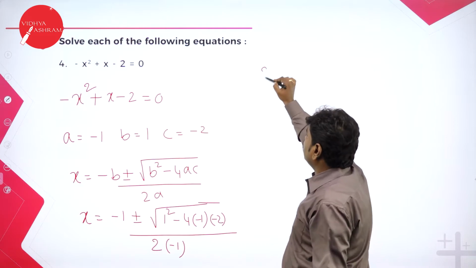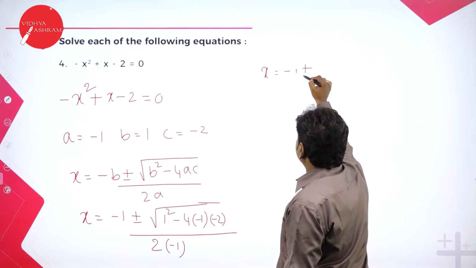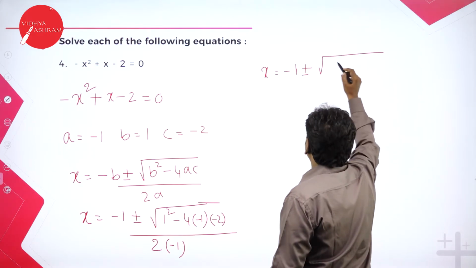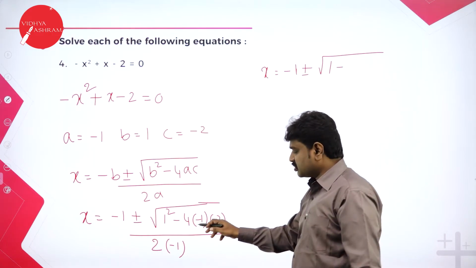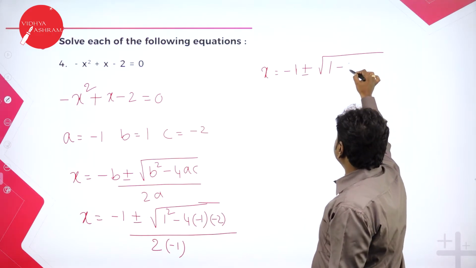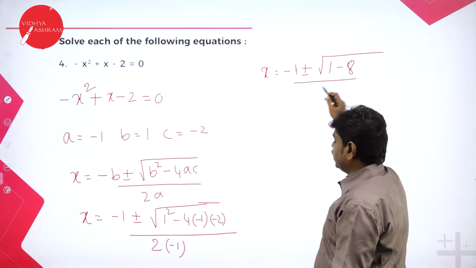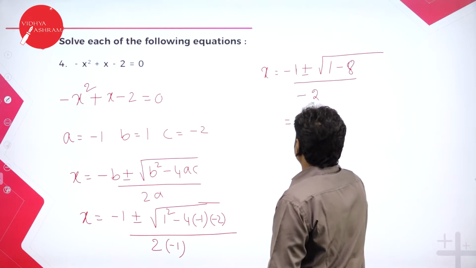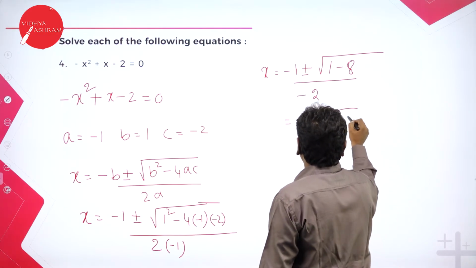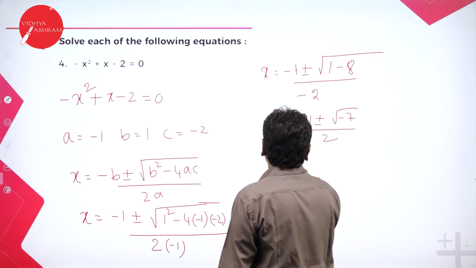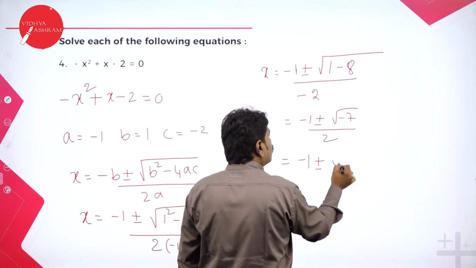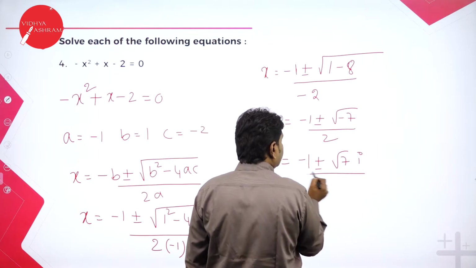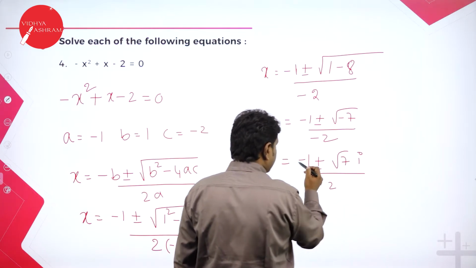So x is equal to minus 1 plus or minus root of 1, minus into minus becomes plus, 4 twos are 8, but outside we have minus, divided by minus 2. I can write it as minus 1 plus or minus root 7 divided by 2, or I can write it directly as root 7i divided by minus 2. So split this minus.